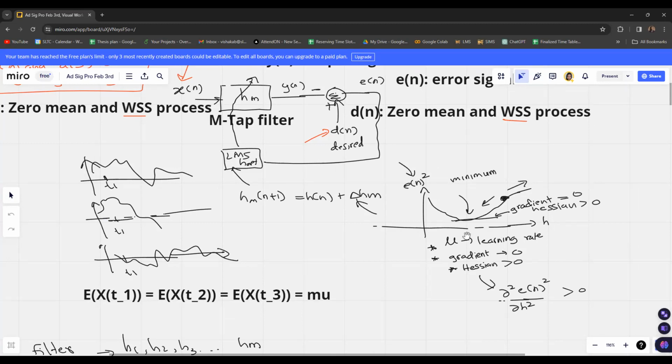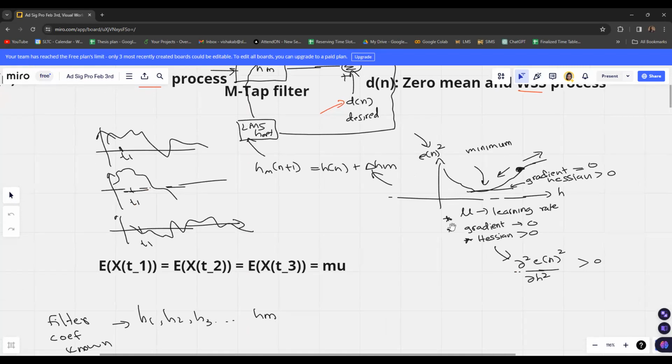For that, we are following certain steps. We need to find the minimum, and we need to find the global minimum. And also we need to make sure that we use a learning rate, mu, which is the step size that we use to adaptively change the filter coefficients.